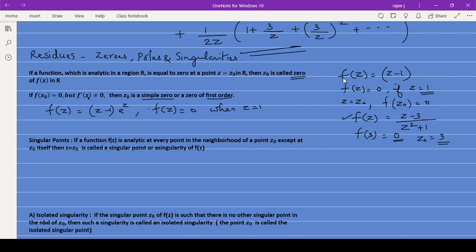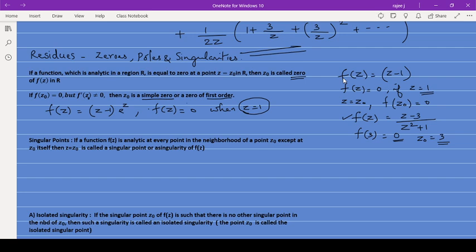So z0 is the point 1, and at the point 1 this function becomes 0, so we call that a zero of f(z).